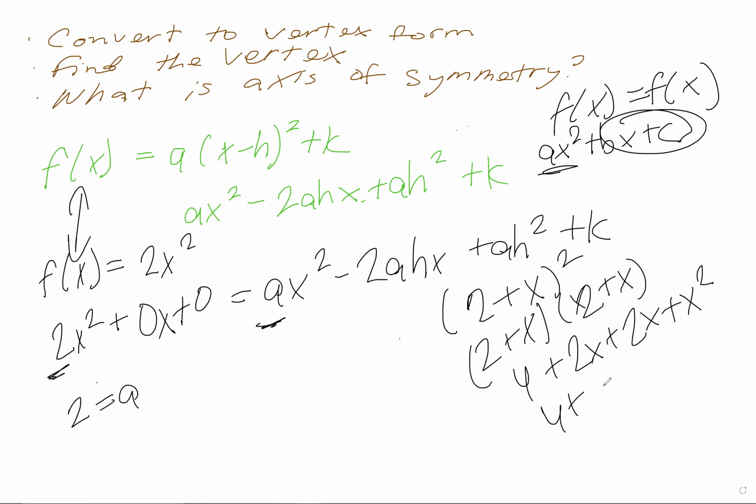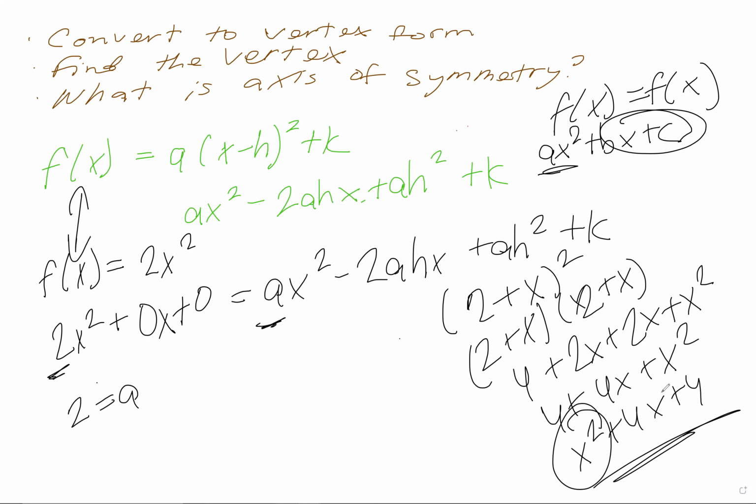It'd be 4 plus 4x plus x squared. We rearrange it, it looks like this, right? So this is in standard form. We have an x squared, an x, and a constant, or a y-intercept. My question: where did the 2 plus x squared come from? It was given to us.